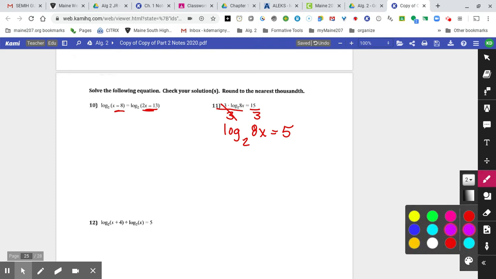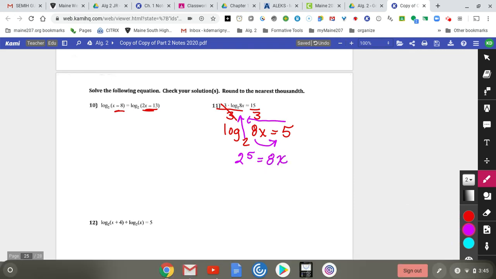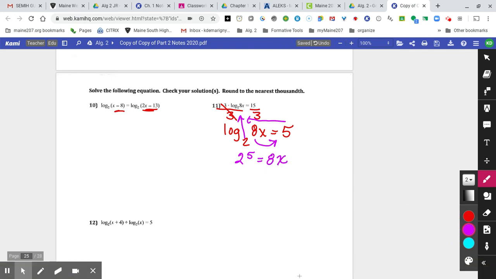We're going to change it from a logarithmic to an exponential. I'm going to bring the base up, give 5 to be its exponent, and move the 8x to the other side. So what I have is 2 to the 5th is equal to 8x. I'm going to pull up my calculator again.